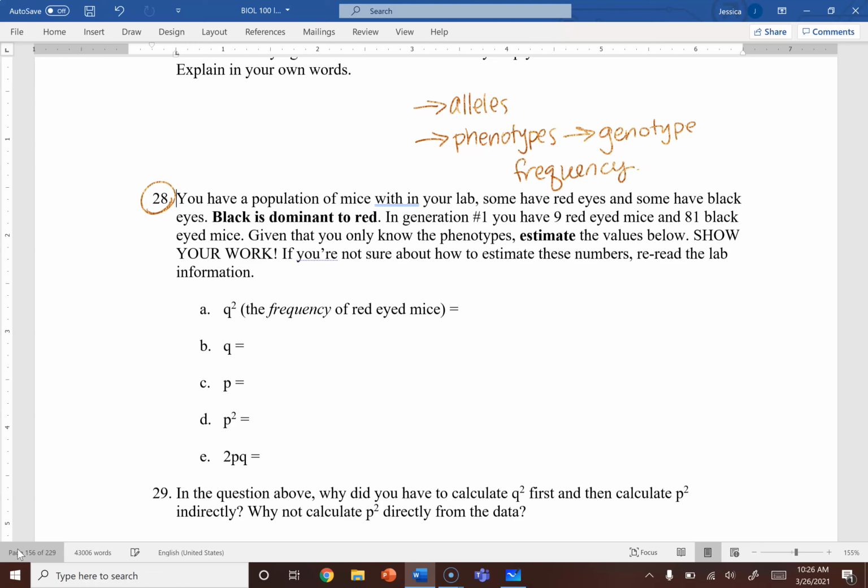Because remember that genotypes correspond with phenotypes. So if you are given some information about a recessive phenotype, that corresponds to Q squared.